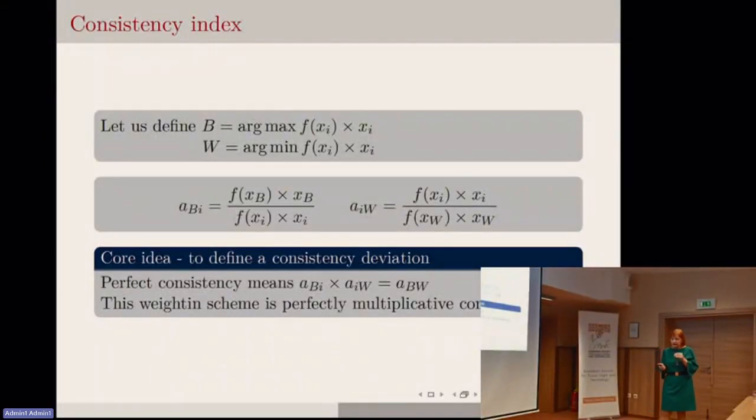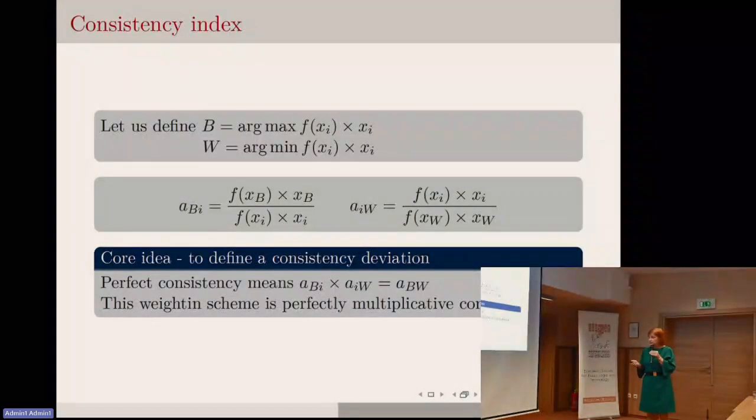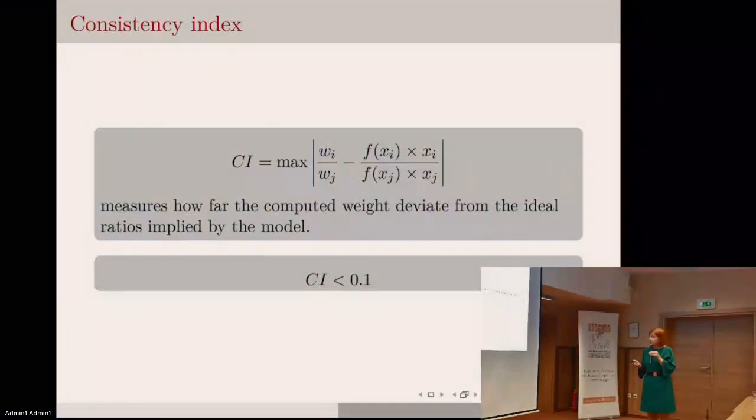And the core idea of my determination of the consistency index is this equality. Perfect consistency means this equality holds, and then the consistency index can be determined this way.